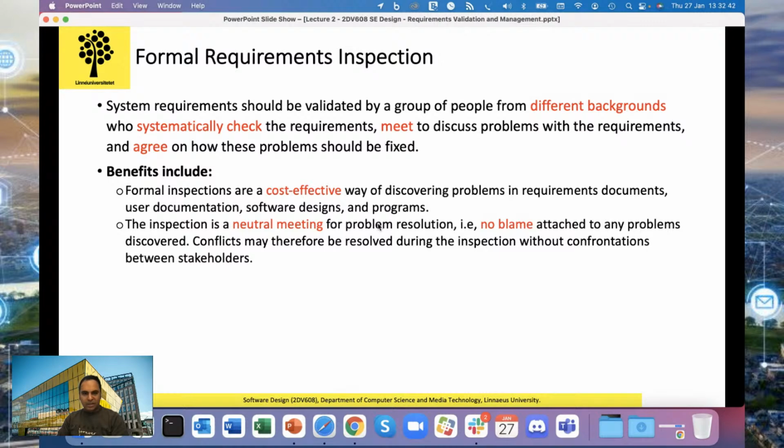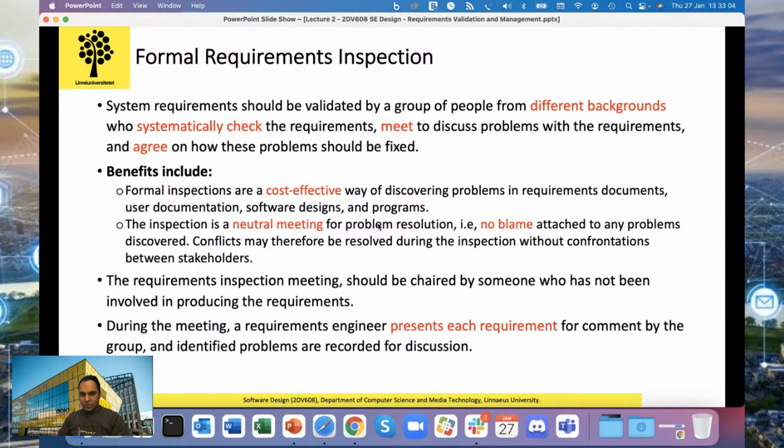requirements document. And your requirements inspection meetings should not be about blaming for the problems that have been discovered. Rather, those problems should be discussed and resolved mutually. So that's basically the goal of these inspection meetings.